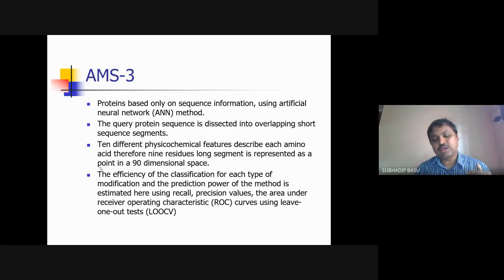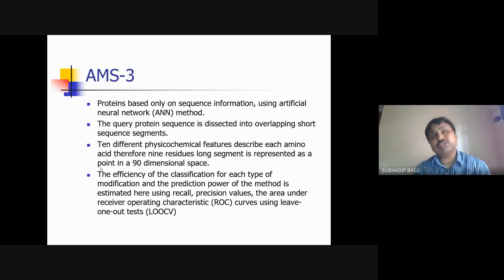Using this feature space, with the training and test data sets, you can train a neural network classifier and assess its efficiency. The efficiency was reported in terms of recall, precision, and ROC, the receiver operating characteristic curve.